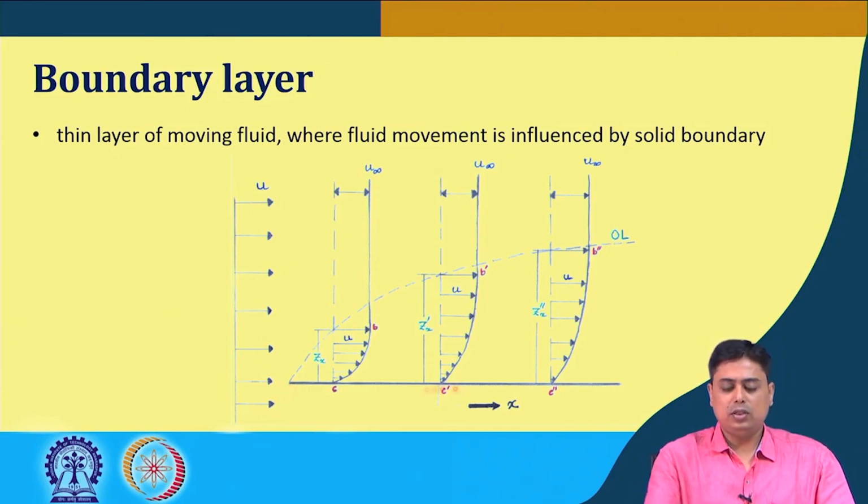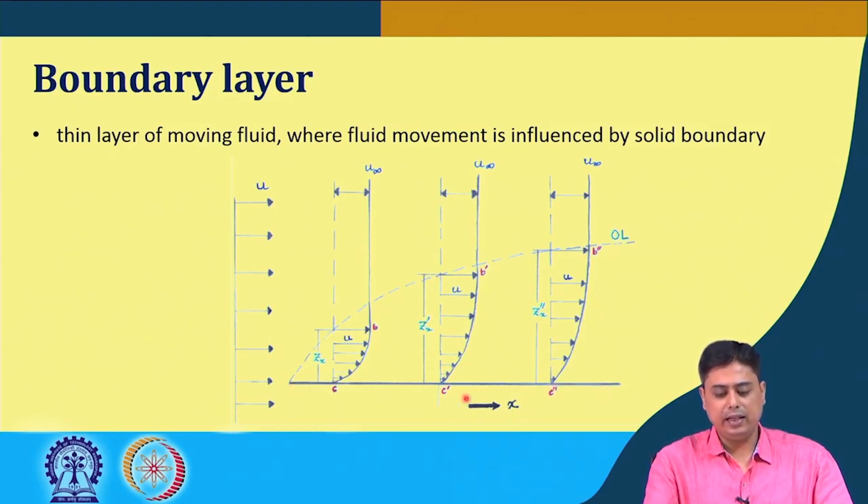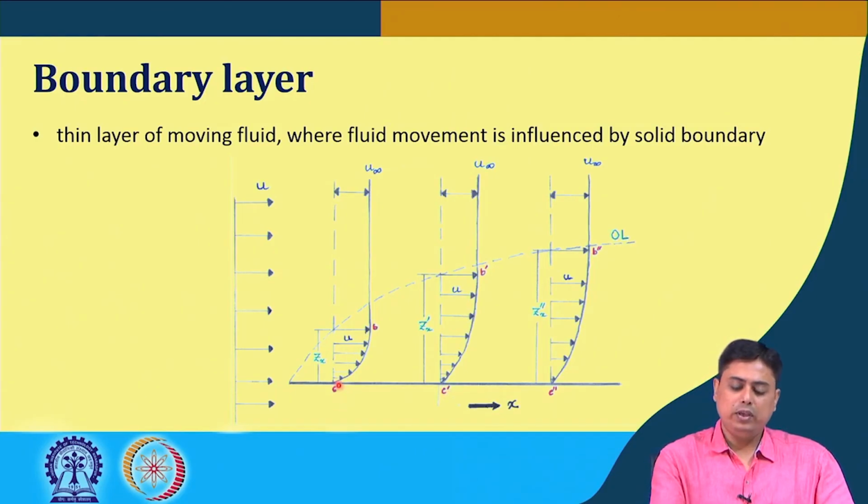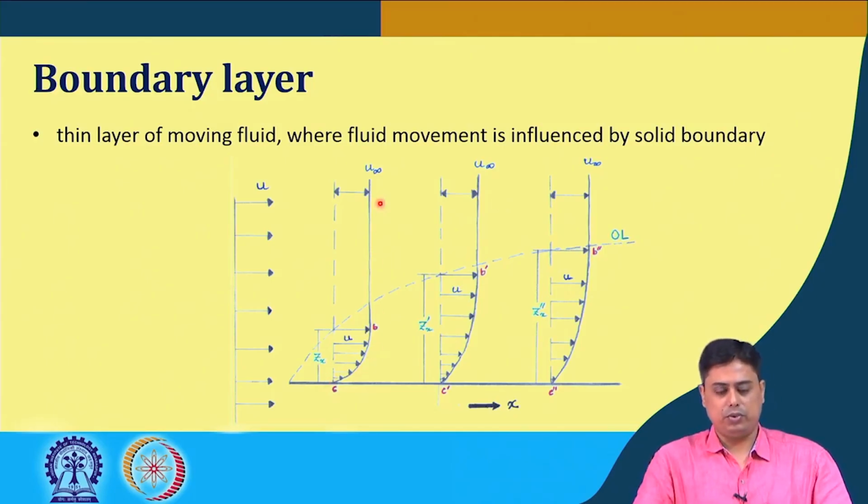Near the surface, at the solid-fluid interface, the velocity of the fluid is 0, and as we go far from the solid surface, we see such a velocity distribution.